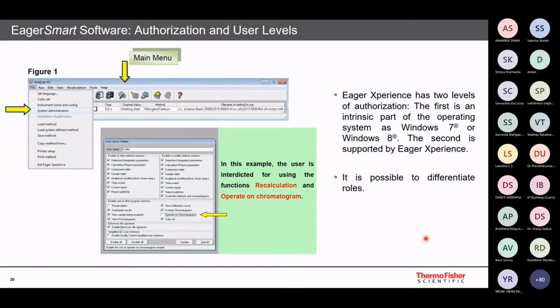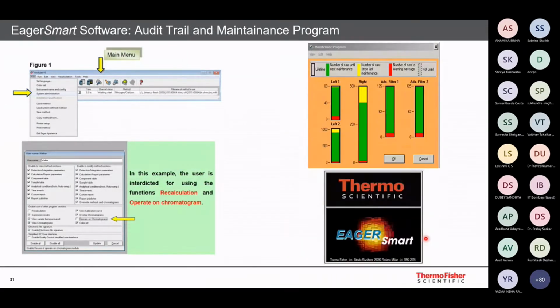As per the pharma requirement, you can give privileges to your users and managers, and they can only do that much. They can't make many changes in the results. Similarly for maintenance, the software automatically gives a warning on how many samples have been done and when the reactor comes to the end and is exhausted. So a maintenance program is also possible there.